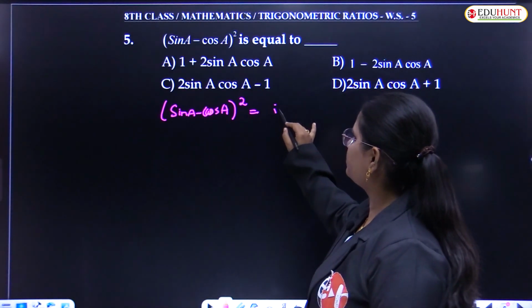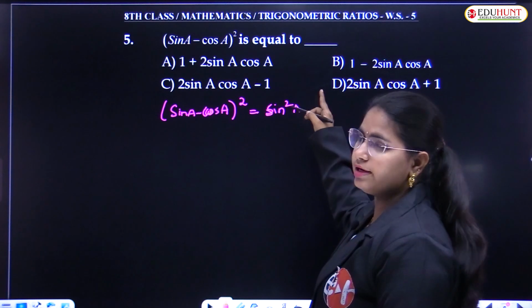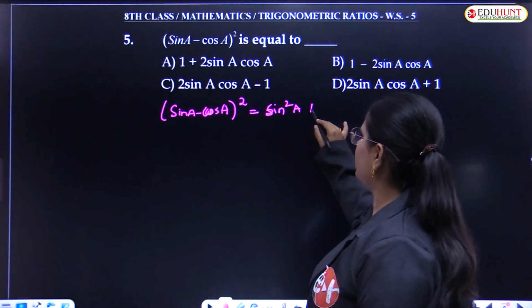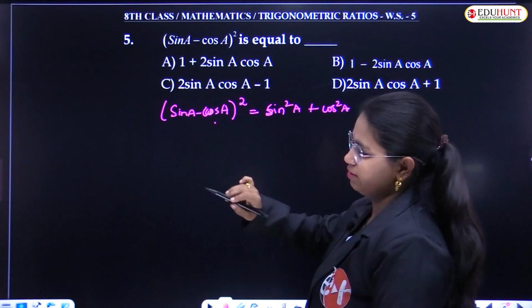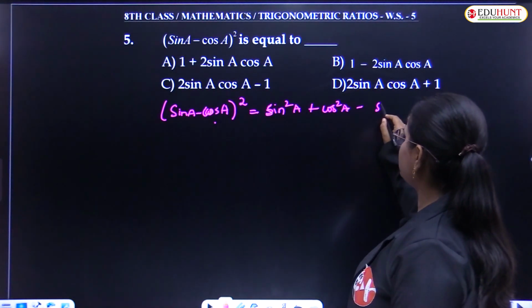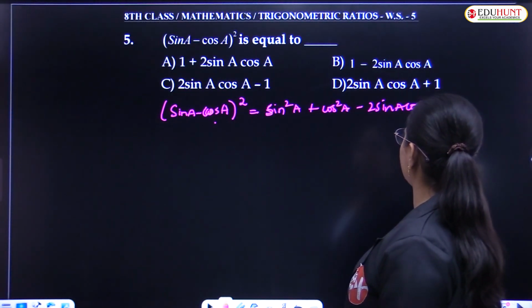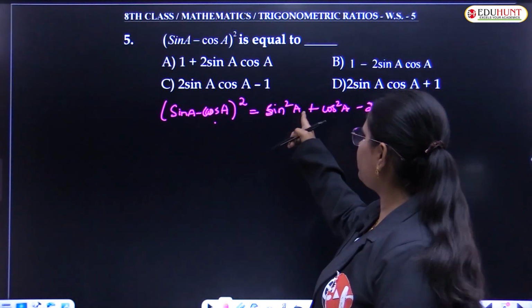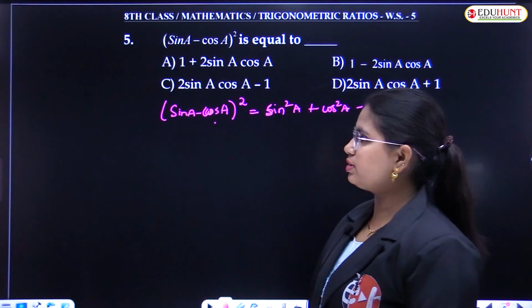A square, sin A whole square is sin square A, plus B square which is cos square A, minus 2AB, minus 2 sin A cos A. Correct? A square plus B square minus 2AB is of the form A minus B whole square.